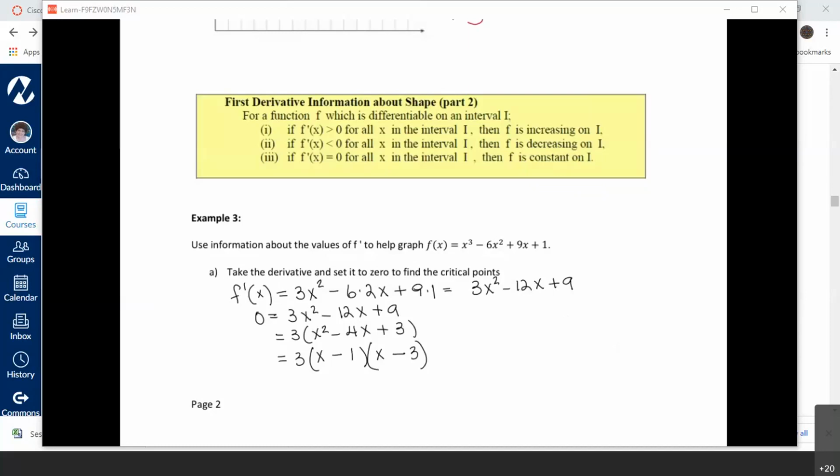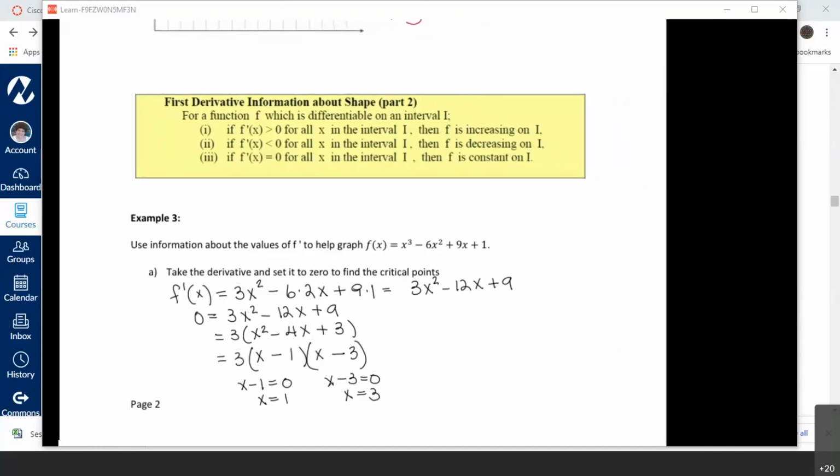Set each factor with the variable in it equal to 0 and solve. So I'm going to add 1 to both sides here, add 3 to both sides here. My critical numbers are x equals 1 and 3.